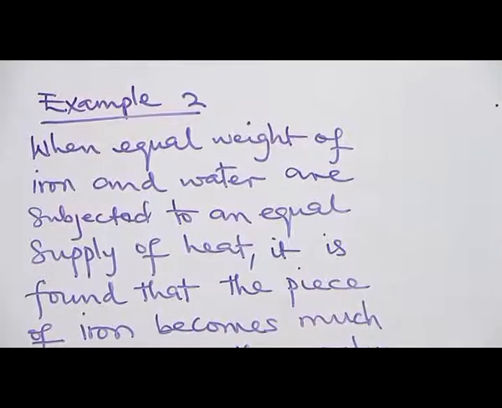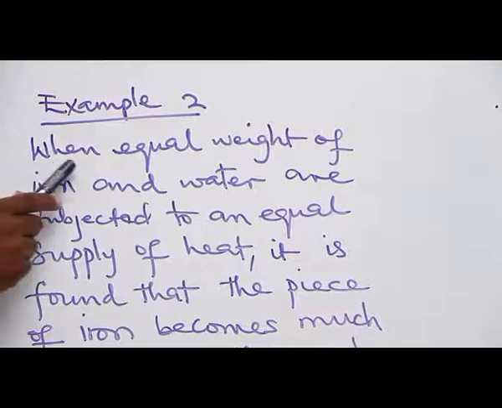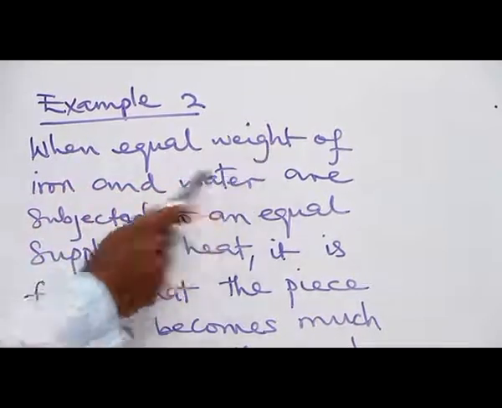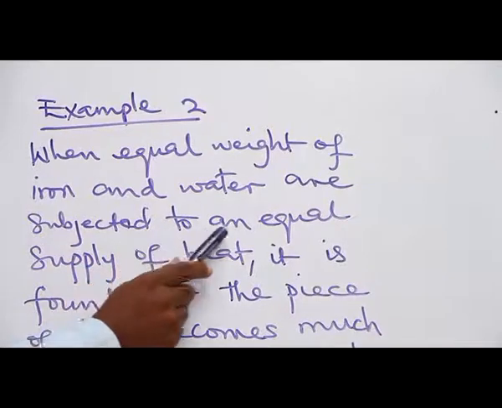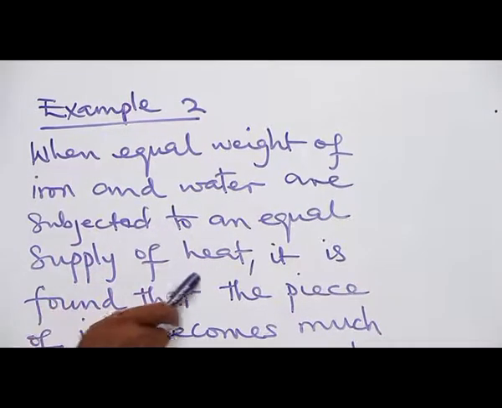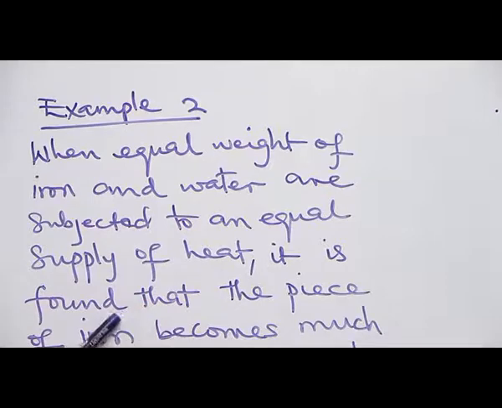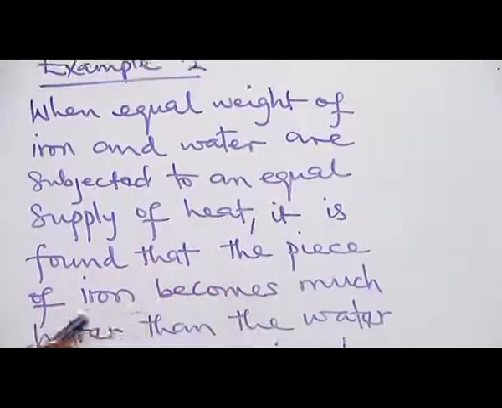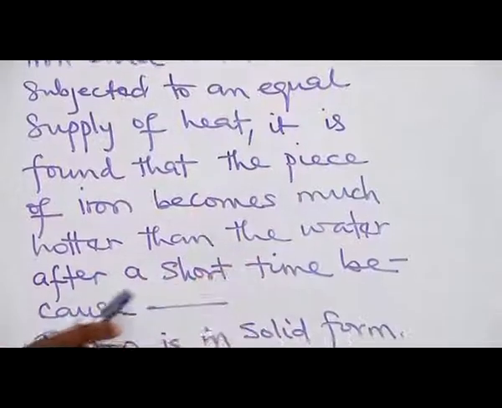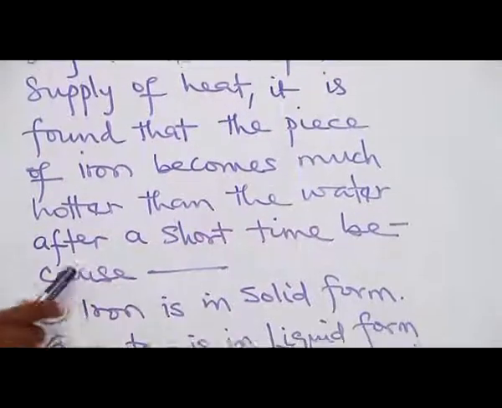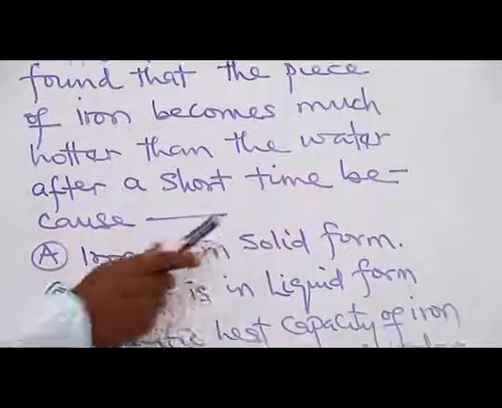Example 2. When equal weights of iron and water are subjected to an equal supply of heat, it is found that the piece of iron becomes much hotter than the water after a short time because dash.